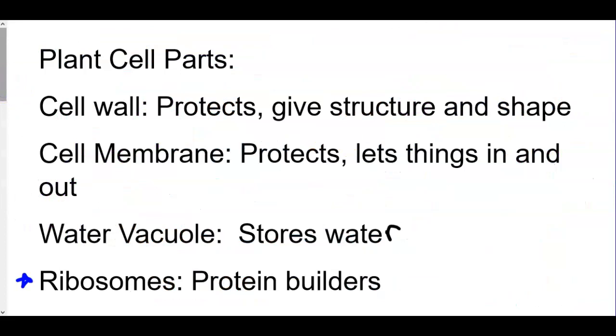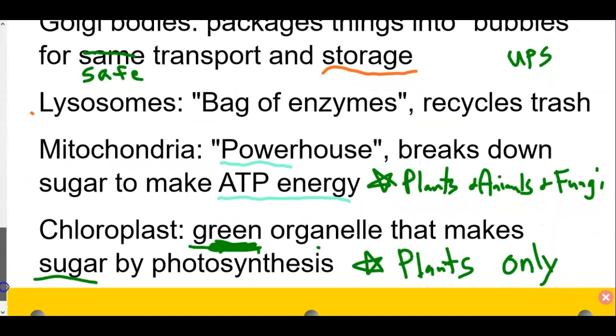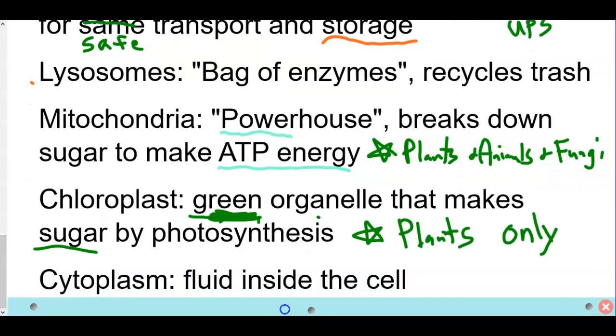Okay, so mitochondria and chloroplasts, two of the most important things that you are drawing today. All right, and almost the very last thing we need to draw is the cytoplasm. And that's the fluid inside. Now, we had this in our bacteria cells too. And your cell might be really full, and you might think, I don't think I want to draw cytoplasm around all this other stuff I drew.